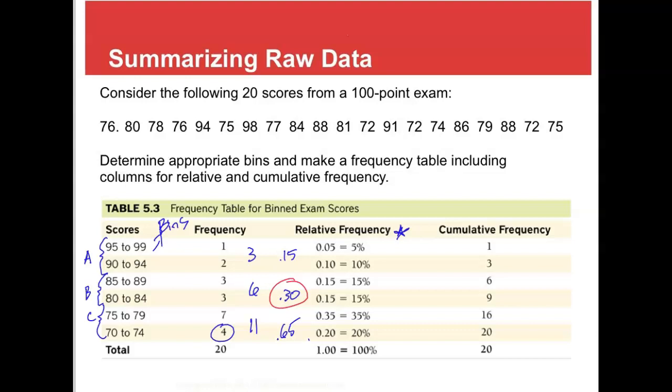How many degrees in a full circle? 360, right? So what proportion of 360 is 30%? We can just multiply 360 times 0.3. That wedge should be 108 degrees. Does that make sense?